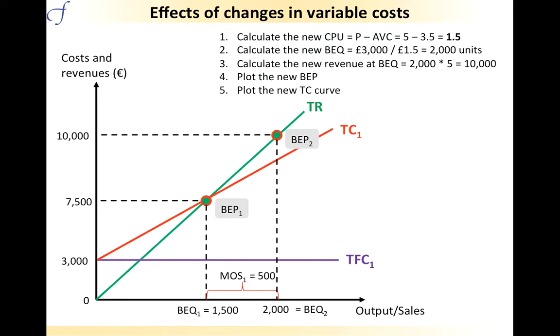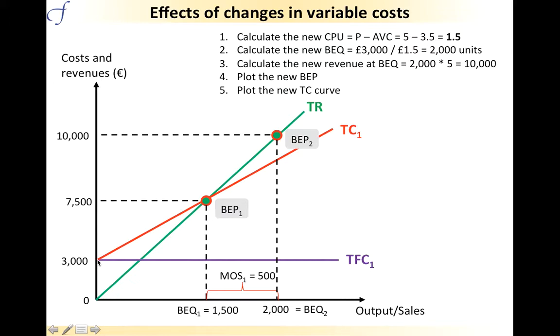Since total fixed cost is not changing, the only thing that we need to shift or change in our case is the total cost curve. Again, total fixed cost is not changing, which means that the total cost curve still has to intersect the y-axis where total fixed cost intersects the y-axis, because that's the point where variable costs are equal to 0.